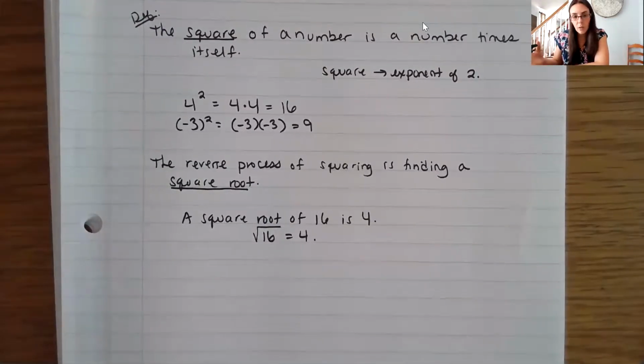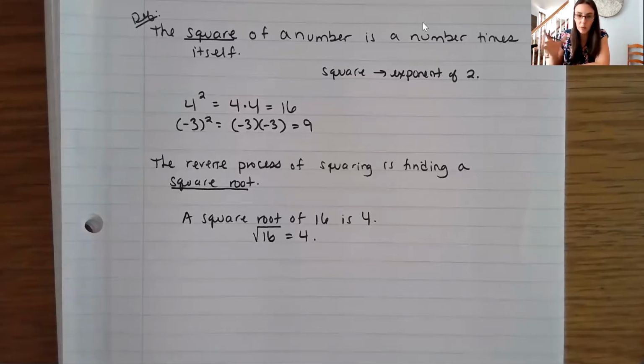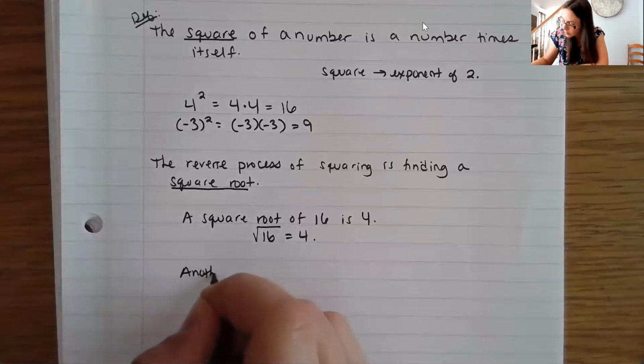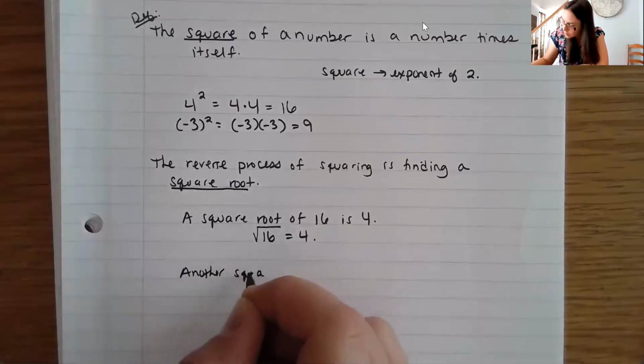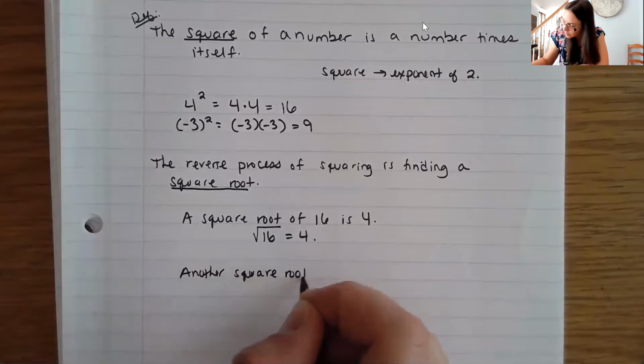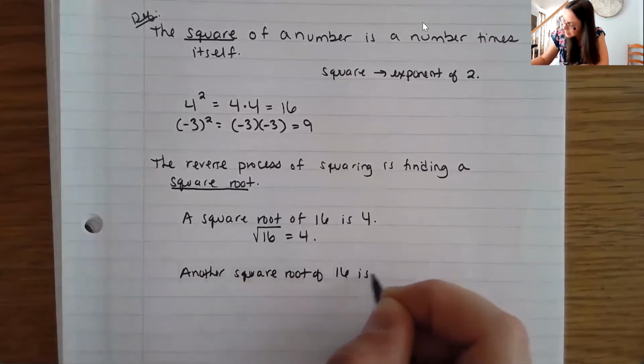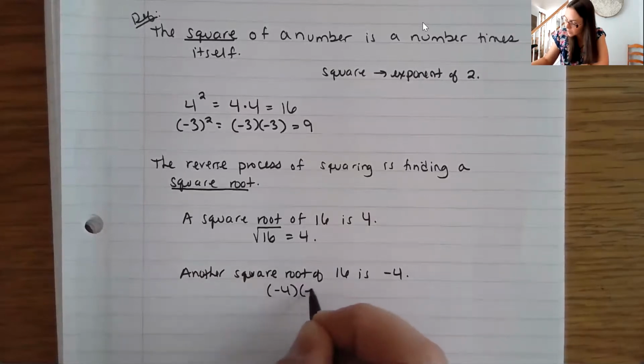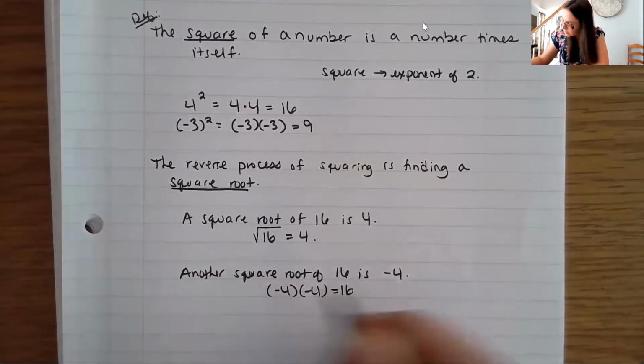Now, one thing to note here, which gets a little bit tricky, is that there actually are technically 2 square roots of 16. So another square root of 16 is negative 4. And that's because negative 4 times negative 4 is also 16.